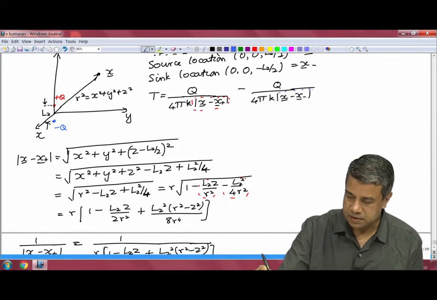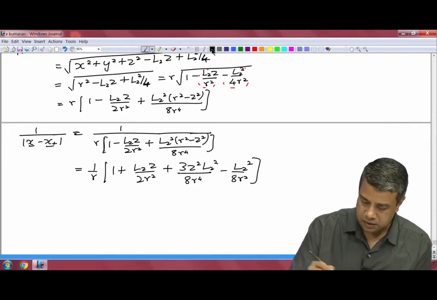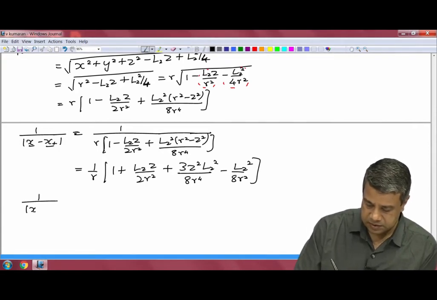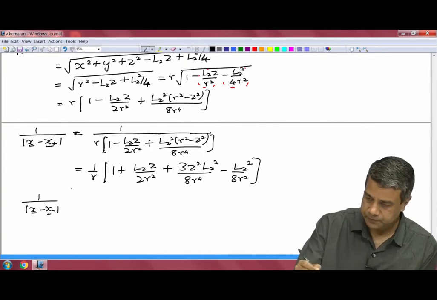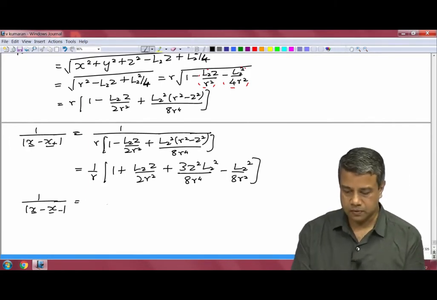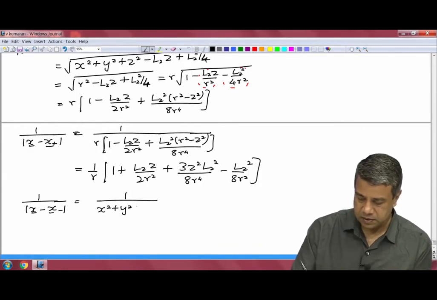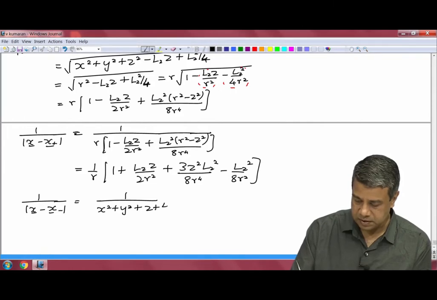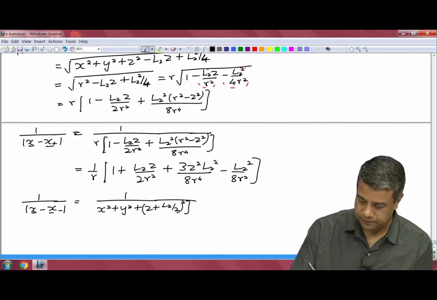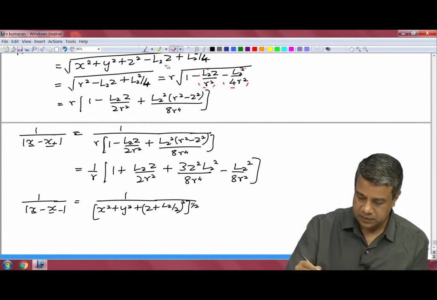The second term is due to the sink. Recall that 1 over x minus is equal to 1 over x square plus y square plus z plus L z by 2 the whole square, whole to the half.